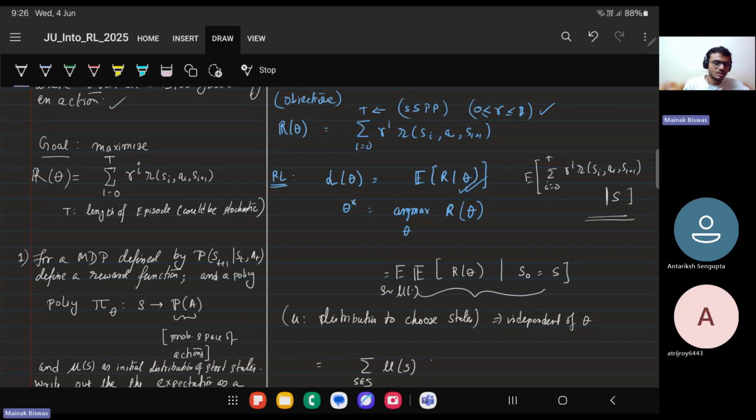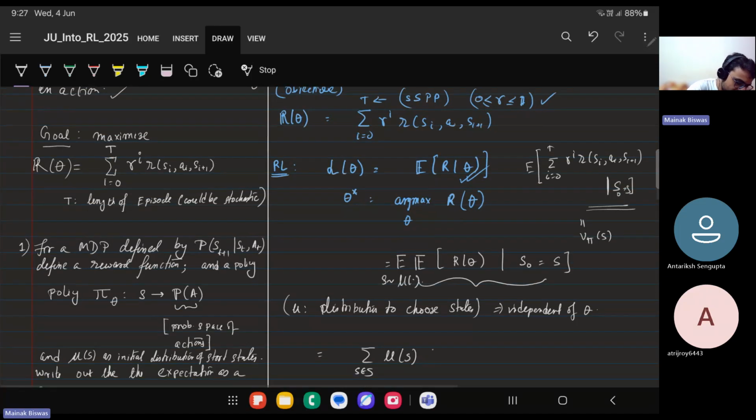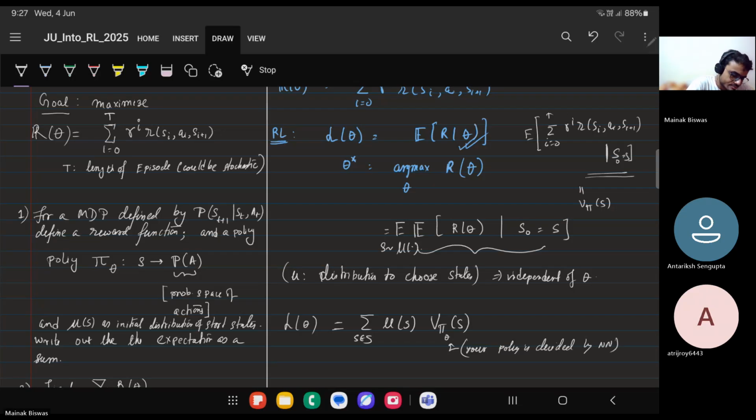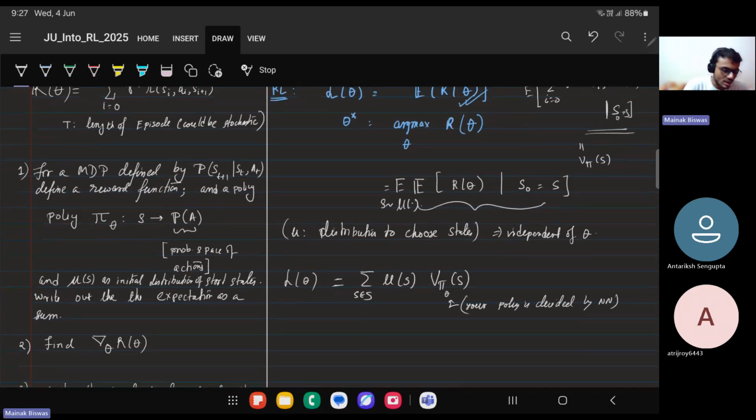Do you know this function? What is it called? The value function. Very good. So your objective function is nothing but the expected value of your value function. Clear to everybody? Remember, your policy is decided by the neural network. Okay. So now, how is the value function related to the Q value function? Do you remember?